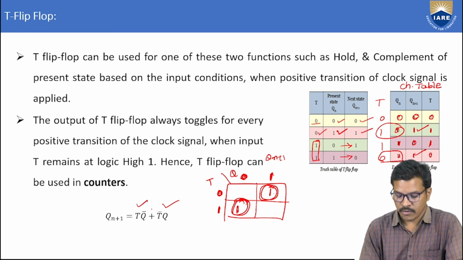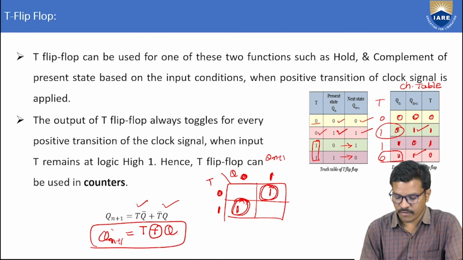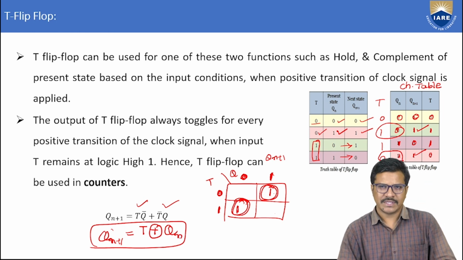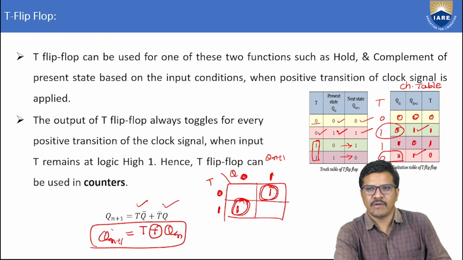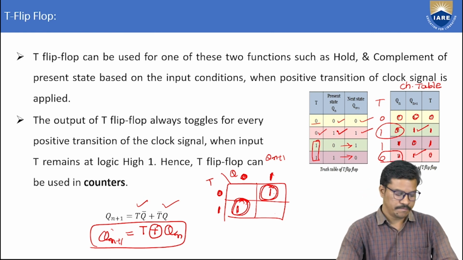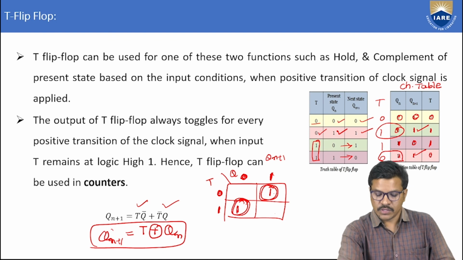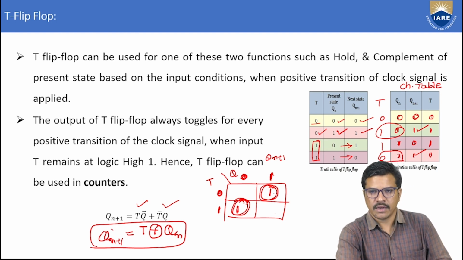So T Q bar plus T bar Q indirectly means a simple XOR gate, T exclusive OR with the present state of output, which is nothing but Q n plus 1, the next state in the T flip-flop. So this T flip-flop always toggles for every positive transition of the clock signal. When we connect these together, we can use them as counters in sequential circuits.